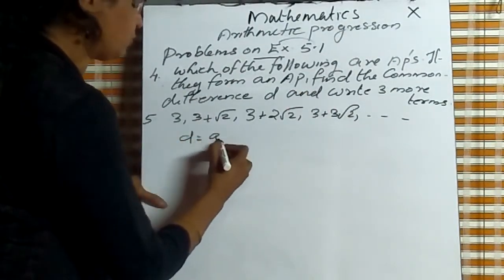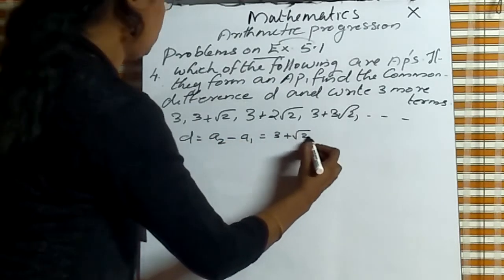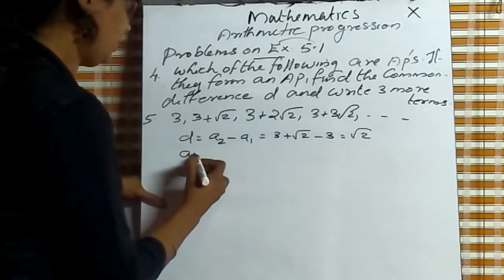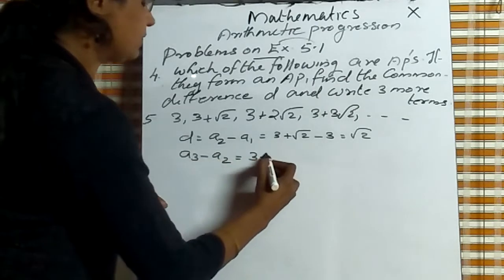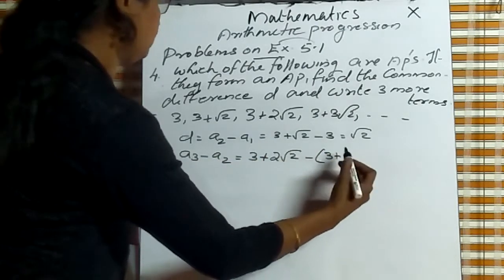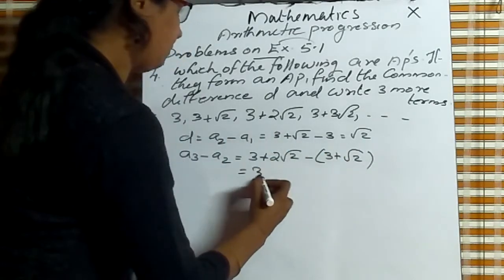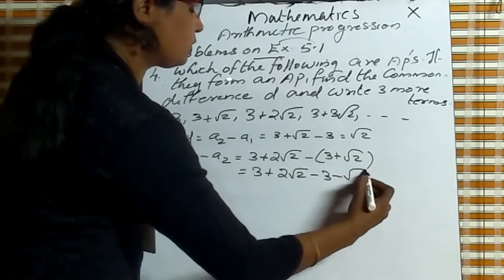What is D? D is equal to A2 minus A1, which equals 3 plus root 2 minus 3, which is root 2. Again, what is A3 minus A2? A3 minus A2 is 3 plus 2 root 2 minus (3 plus root 2), which equals 3 plus 2 root 2 minus 3 minus root 2.